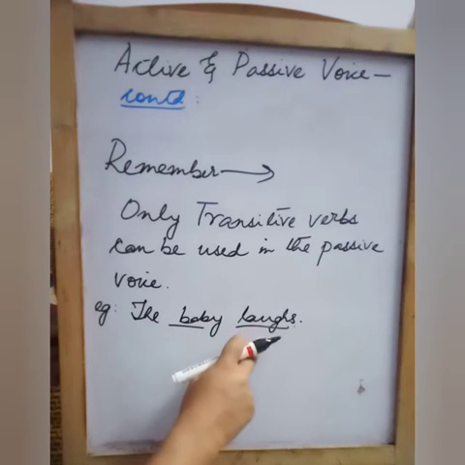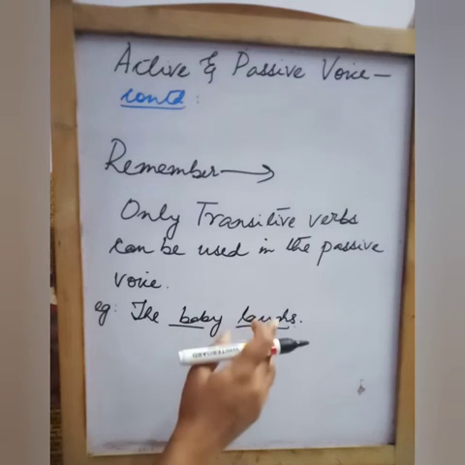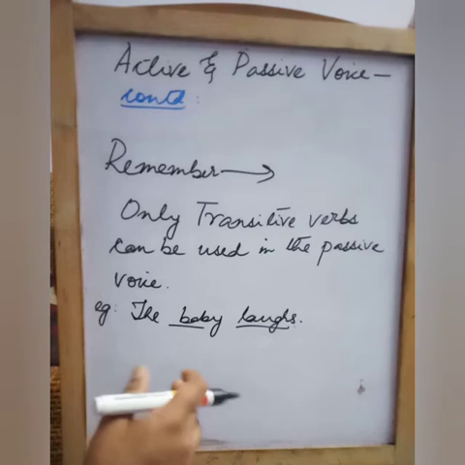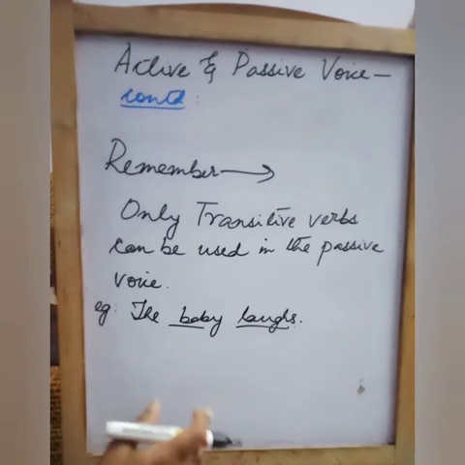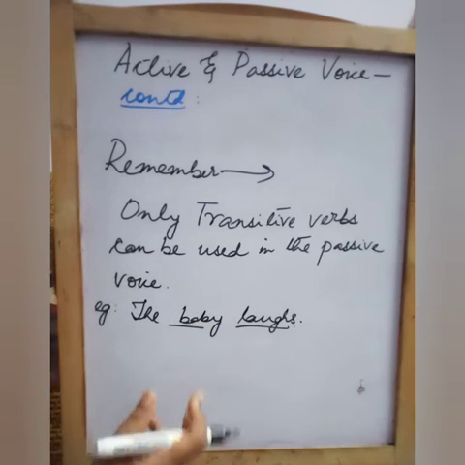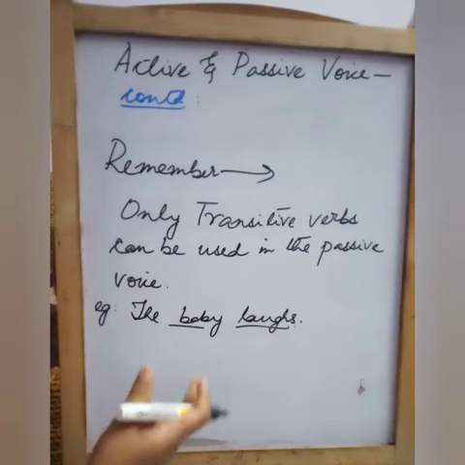So if we want to change it to the passive voice, how will you change it? Will we say, the laugh was loved by the baby? I think it is sounding ridiculous, isn't it? It is not possible, or it is illogical. Such a sentence cannot be made. It is incorrect. So that way you cannot change it into a passive voice, because it doesn't make any sense.